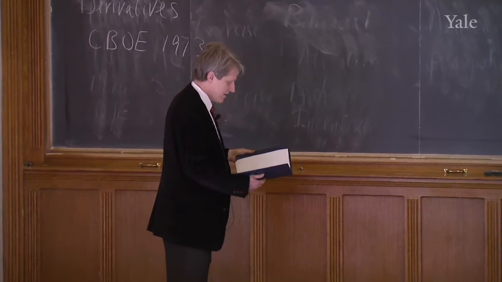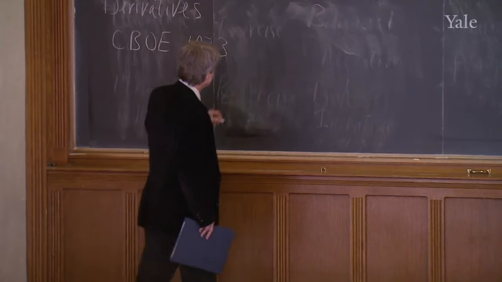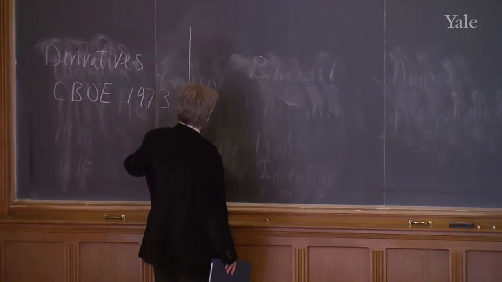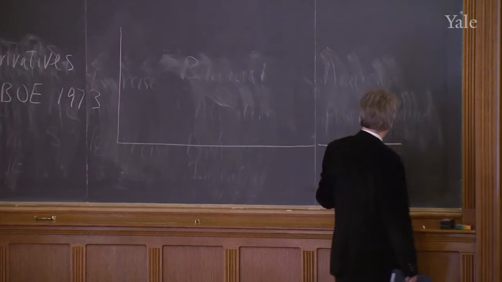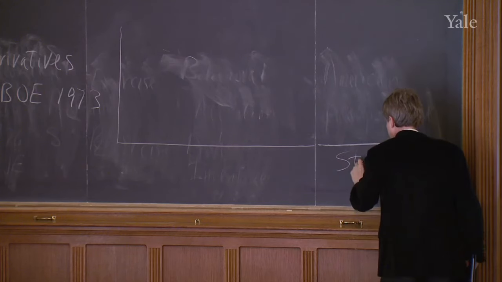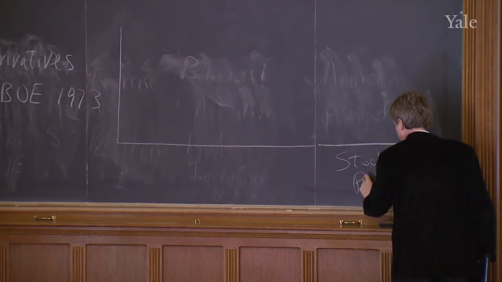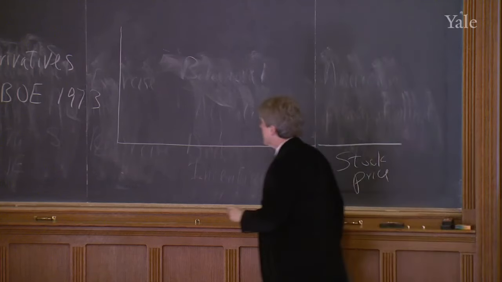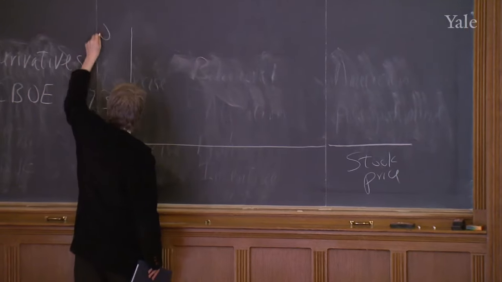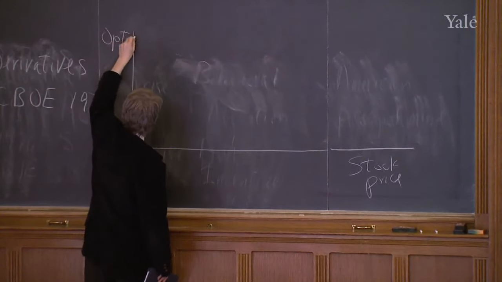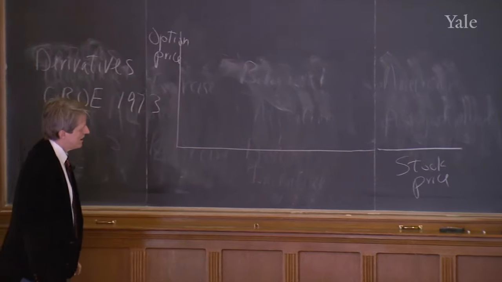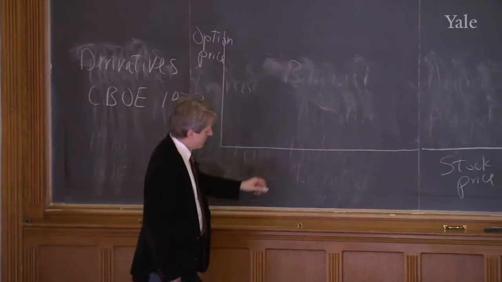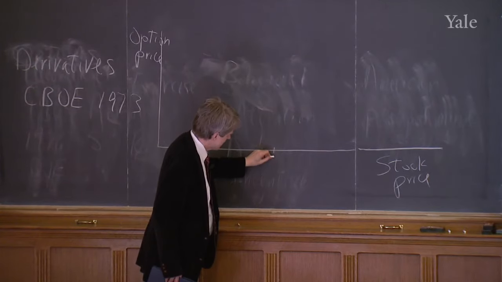So let me draw a simple picture of option pricing. This is the stock price, and this is the option price. And I'm going to mark here the exercise price.